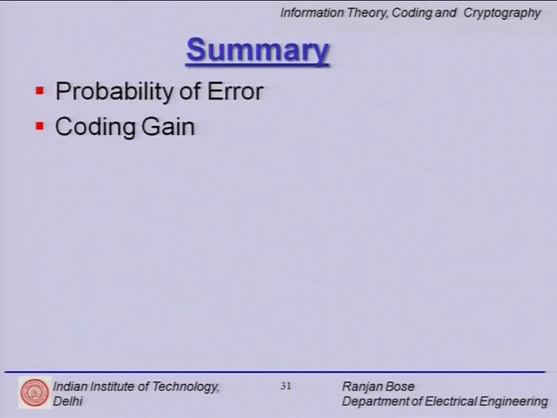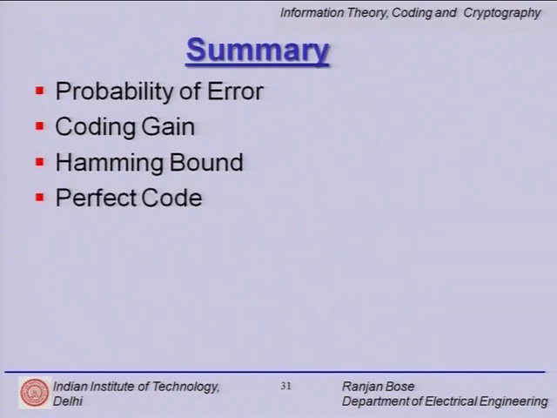Then we talked about coding gain and how it is measured in dB. Then we established a very important bound called the Hamming bound, which led us to the definition of a perfect code. We also looked at some examples along the way. With that we come to the end of this module.